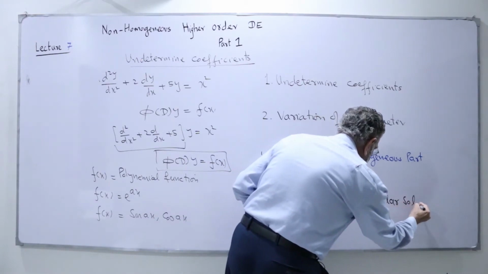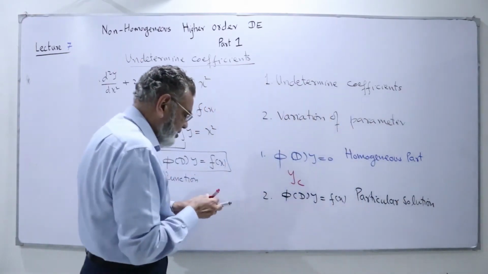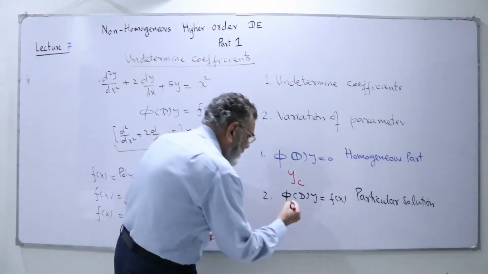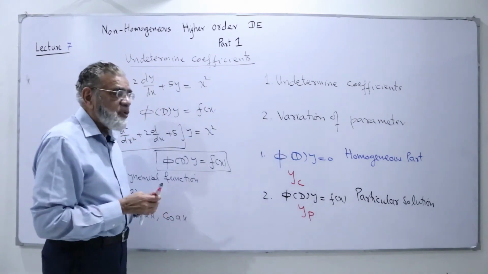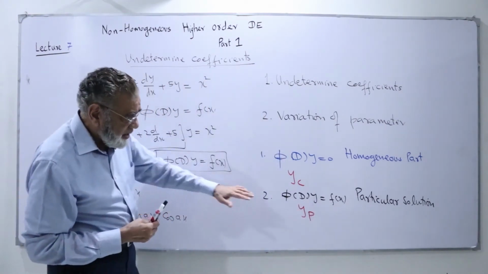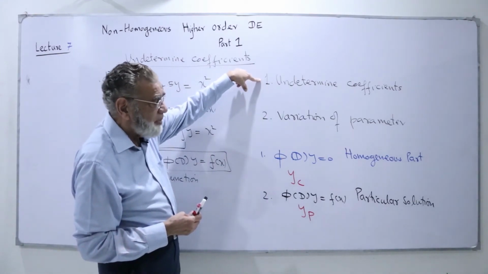That is due to the non-homogeneous part, and we write the particular solution as yp. So again we have two steps of solving it, and this particular solution we find with the method known as undetermined coefficients.